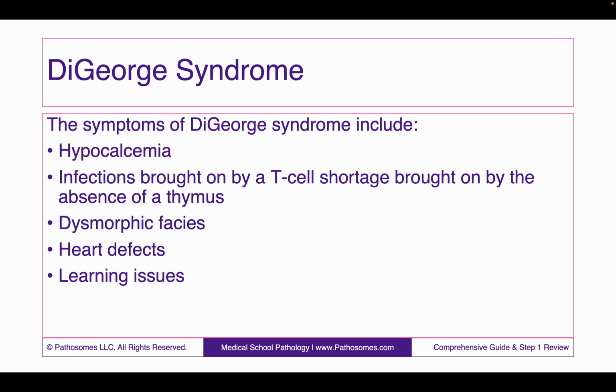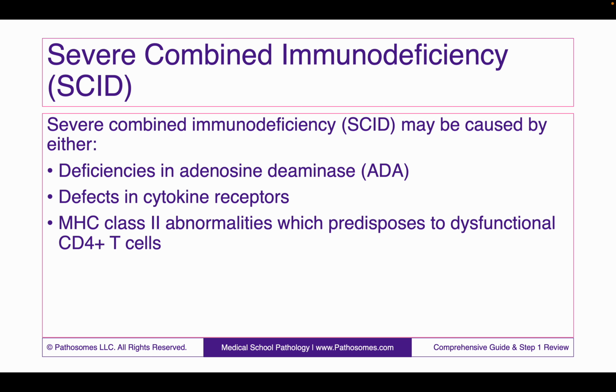In regards to the symptoms of DiGeorge syndrome, they include hypocalcemia, infections brought on by a T cell shortage brought on by the absence of the thymus, dysmorphic facies, heart defects, and learning issues. Severe combined immunodeficiency, colloquially known as SCID, may be caused by a few things.